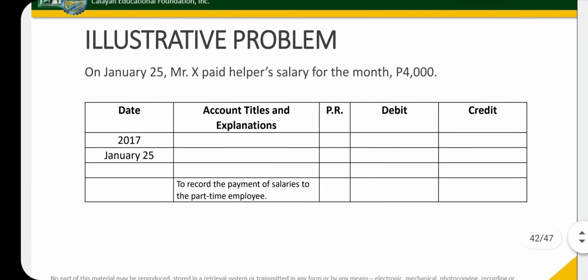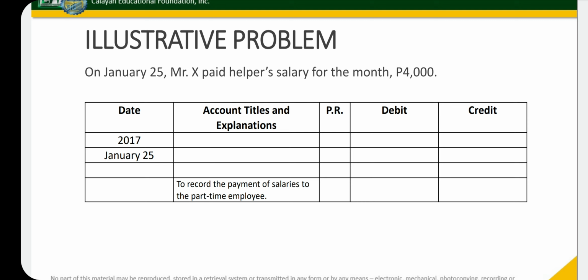So, on January 25, Mr. X paid helper salary for the month. Diba, we hired a part-time student employee or helper. And we're at the end of the month, or on January 25, Mr. X made a salary payment to the student.